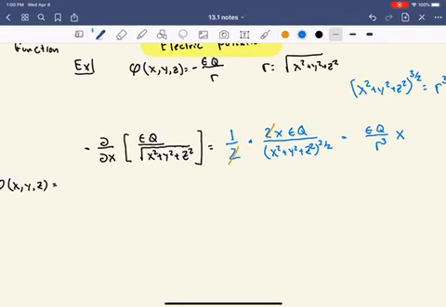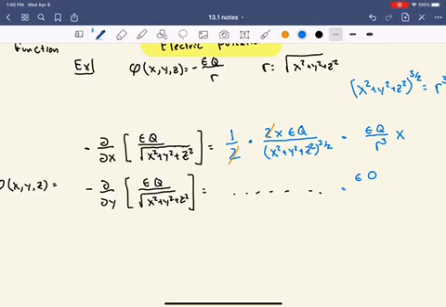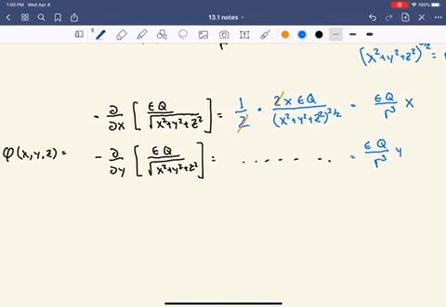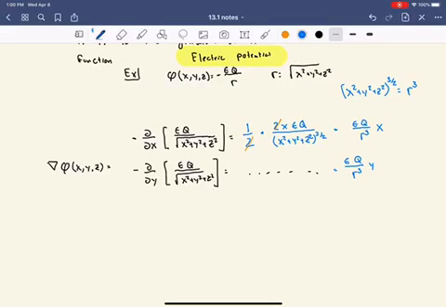Okay. I can do the same thing. Negative partial with respect to y of epsilon q over square root of x squared plus y squared plus z squared equals, pretend I did it, epsilon q over r cubed. This time we're going to get a y. Same thing when I do this in z.